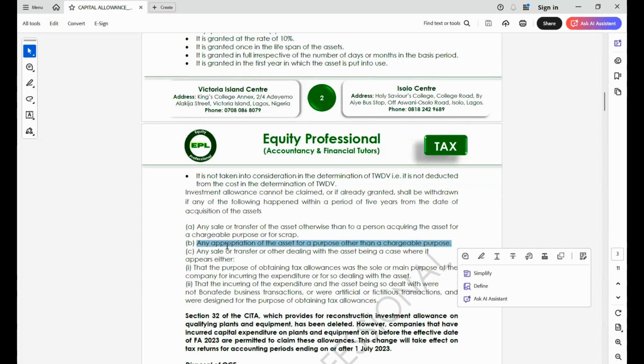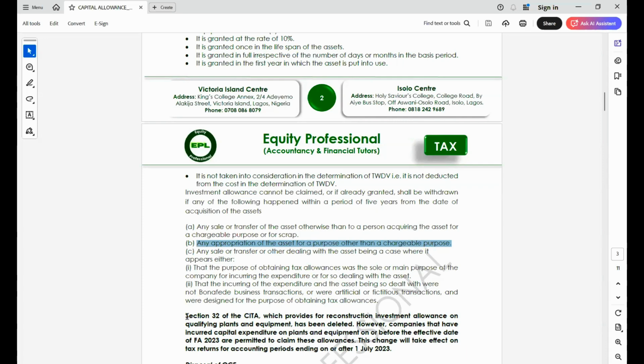So where there is any sale, transfer, or other dealing with the asset, in a case where it appears that the reason why you obtained that investment allowance is for personal purpose and not for the purpose of the business, the investment allowance will be withdrawn by the relevant tax authority.